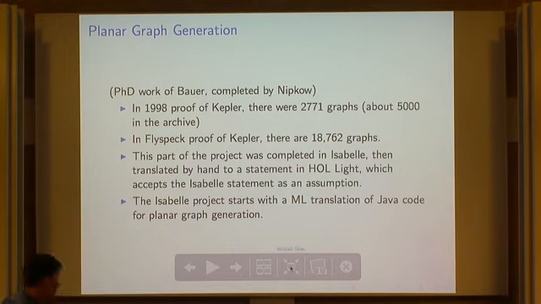And then in this Isabel project, you don't want all planar graphs. You only want the planar graphs that are potentially counterexamples to the proof. And you give a list of combinatorial properties that any counterexample has to have.